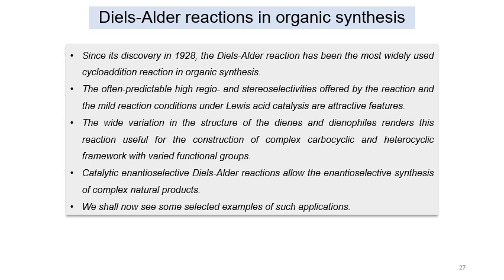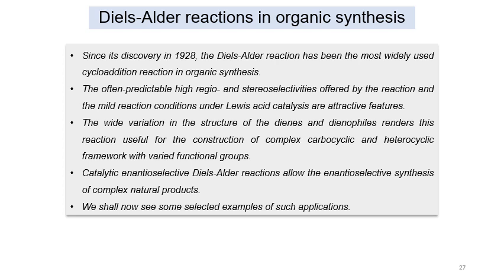Alright, let us see a couple of examples of the Diels Alder reaction. Since 1928, the Diels Alder reaction has been used widely in organic synthesis. Why? Because you can predict the regio and stereoselectivity of the reaction very easily. And these days, Lewis acid catalysis has improved the efficiency in both regio and stereoselectivity.